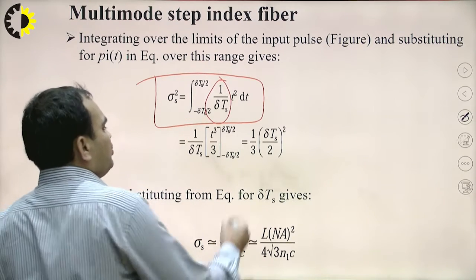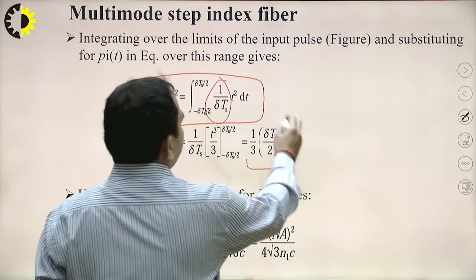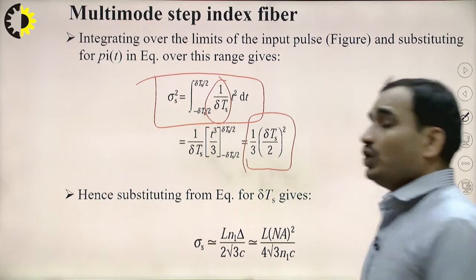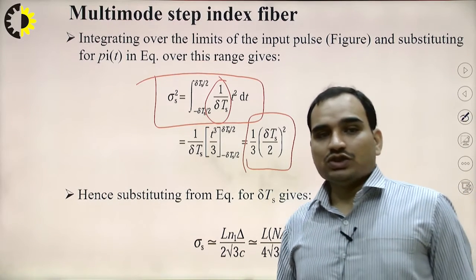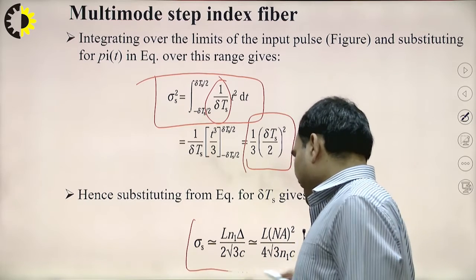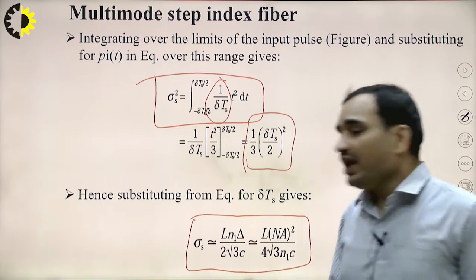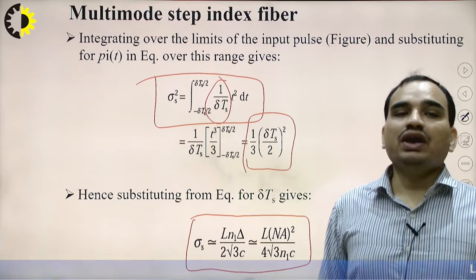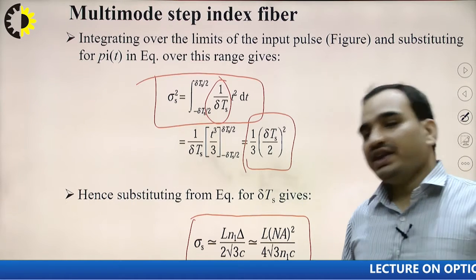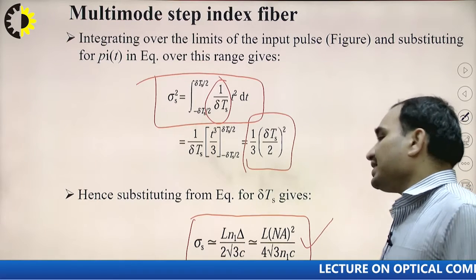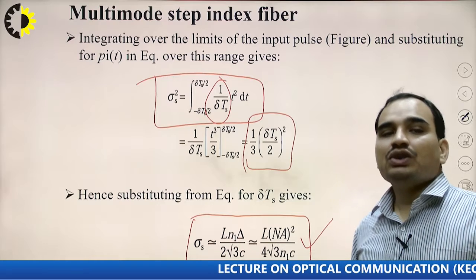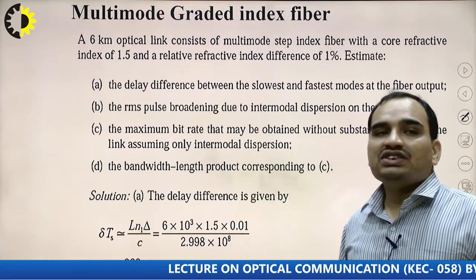After the integration and simplifying, we get 1/3 times (delTs/2) whole squared. After substitution of the delTs value, we get sigma s as L times n1 delta divided by 2 root 3 c, and finally the expression L (numerical aperture) squared divided by 4 root 3 n1 c.